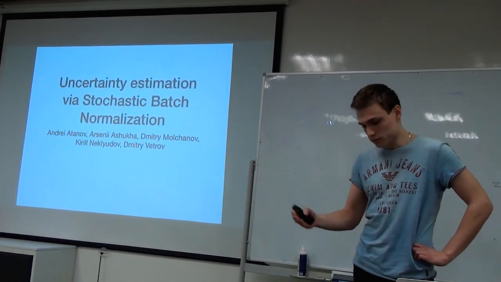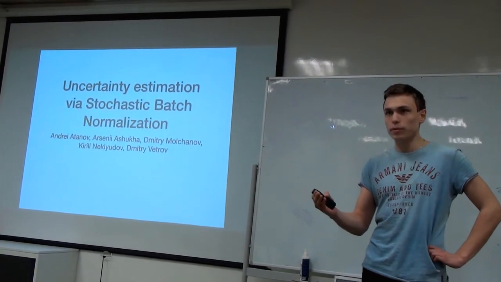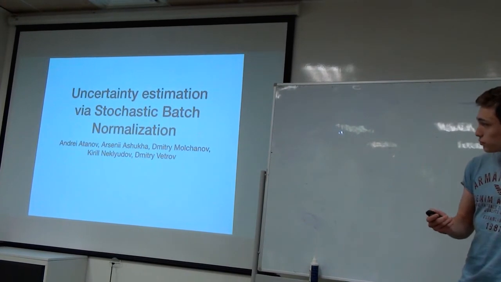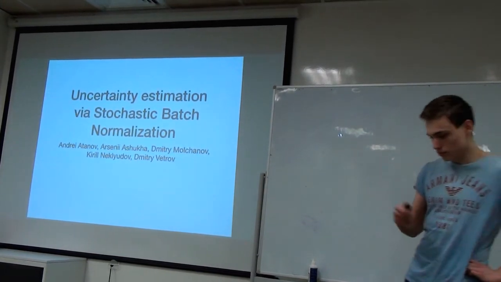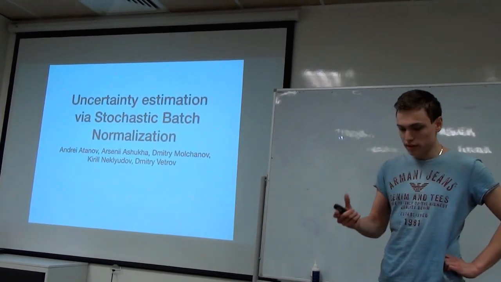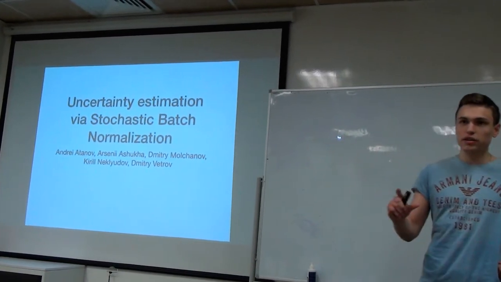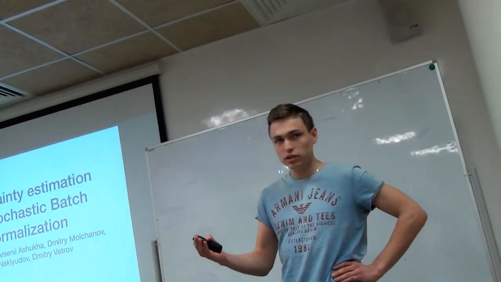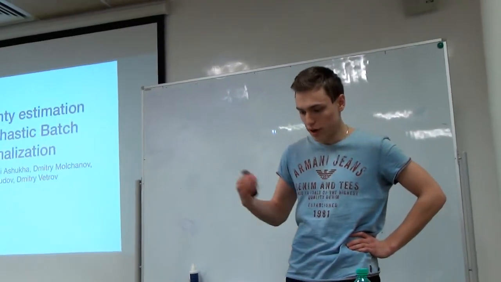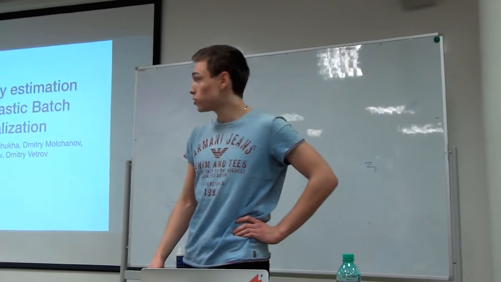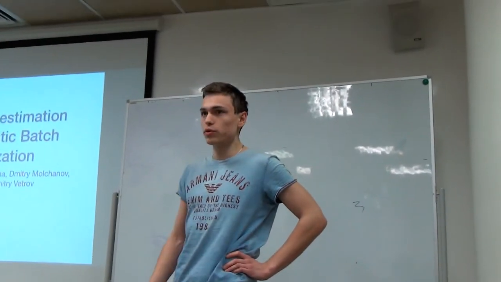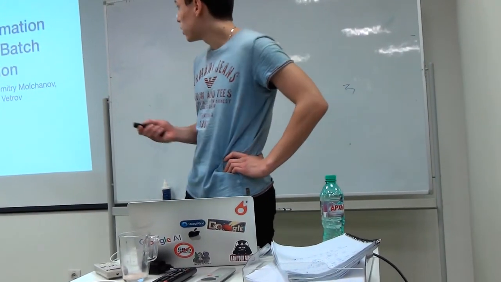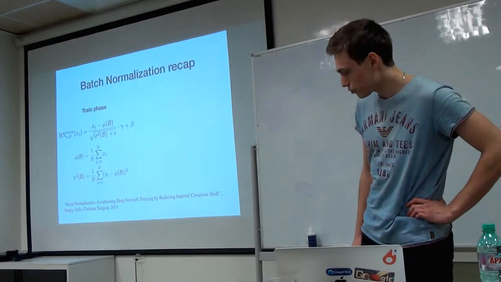Then I propose a probabilistic view on batch normalization, and address one inconsistency in batch normalization between the train and test phase. Then I will propose an approximation technique for the inference stage, which provides a scalable method for uncertainty estimation, and overview the results. So let's move on to batch normalization.